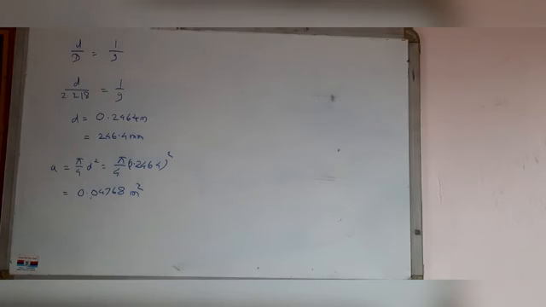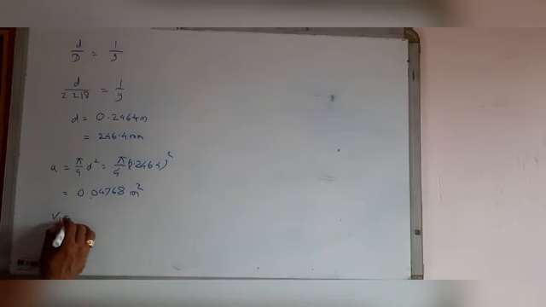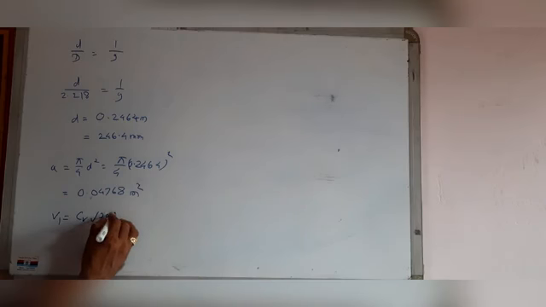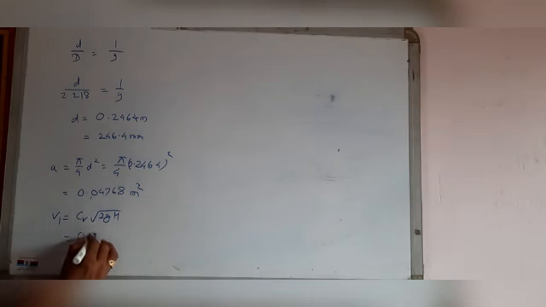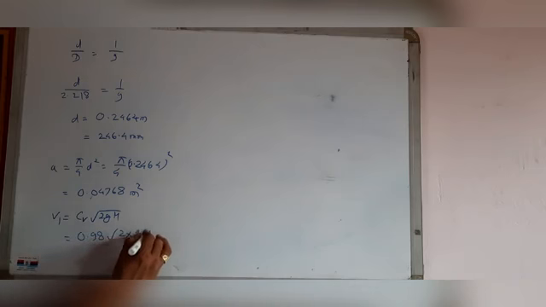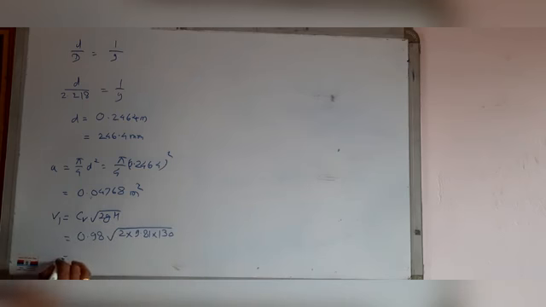Now velocity of jet is given by V1 equal to CV root 2GH. The value of CV has been given, 0.98 into root 2 into 9.81 into 130. So value of V1 comes 49.49 meter per second.